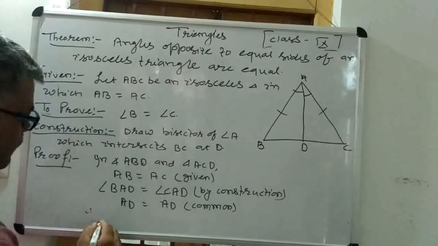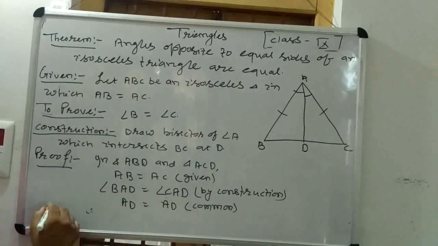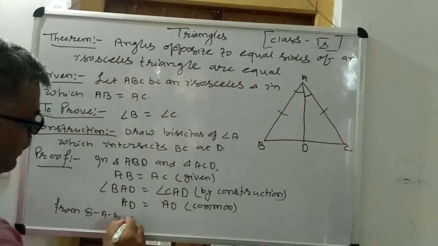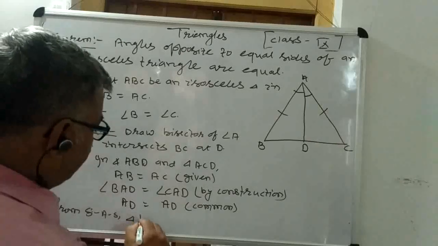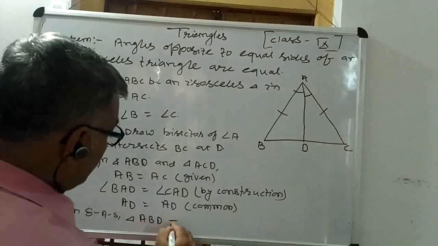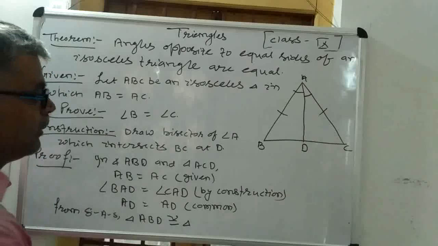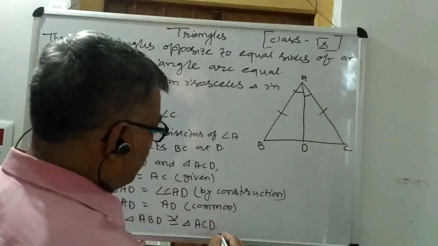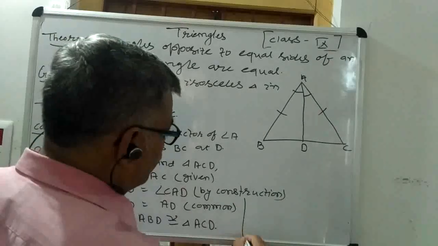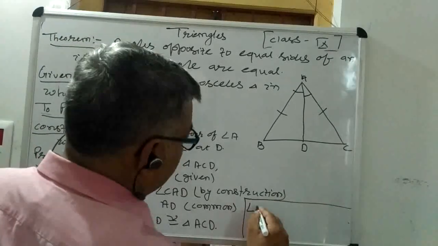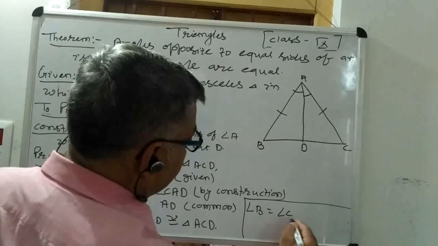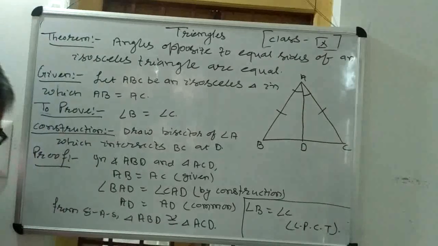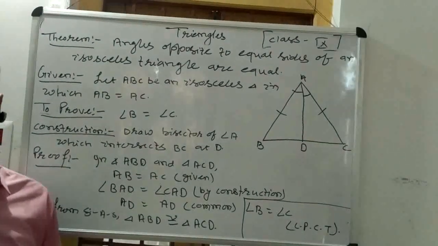So therefore, from SAS we have triangle ABD congruent to triangle ACD, and when these two triangles are congruent, then we can conclude that angle B equals angle C by the property of CPCT. So in this way you can prove this theorem.